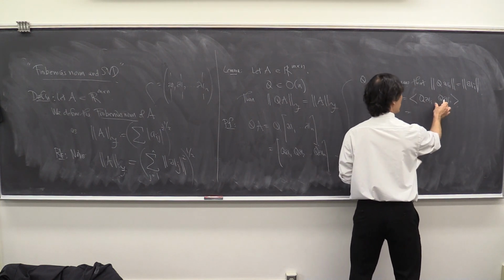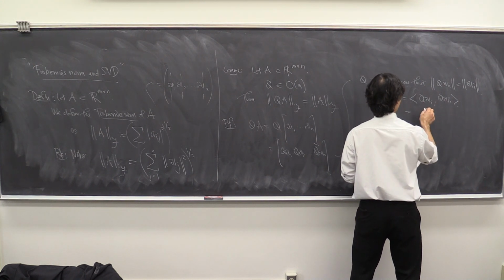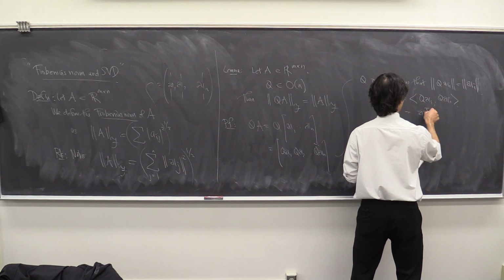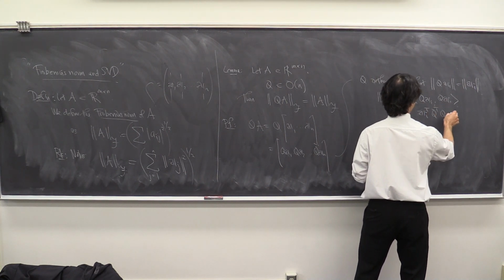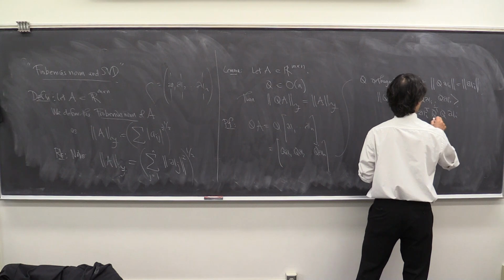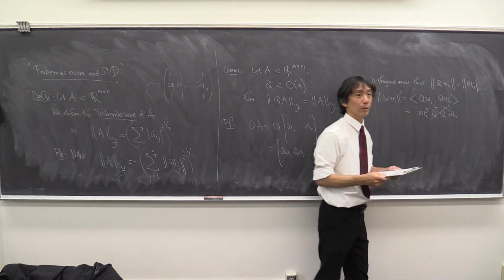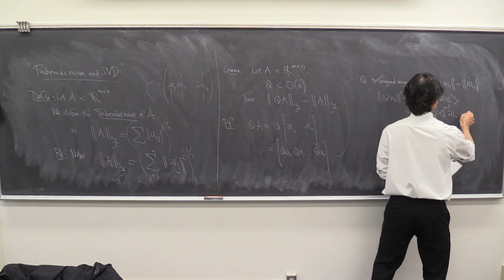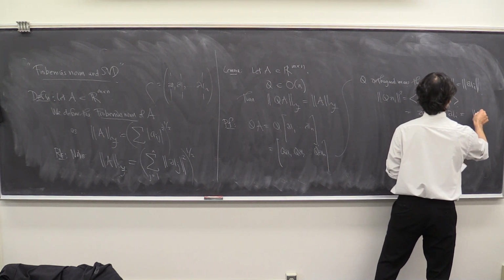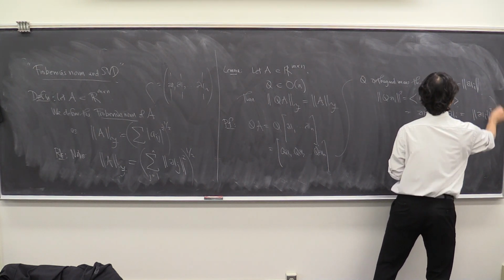When we pull Q to the other side, we get the transpose, so this is Ai transpose Q transpose Q Ai. But Q transpose Q is the identity, because it's orthonormal, and so we just get the size of Ai squared.